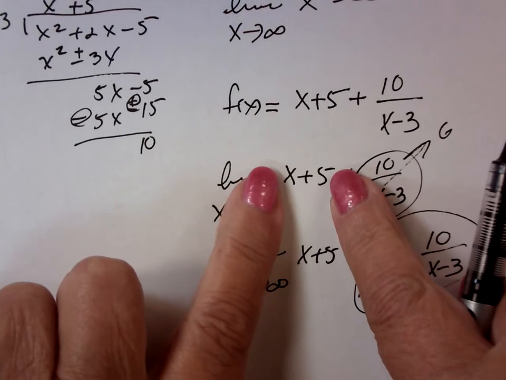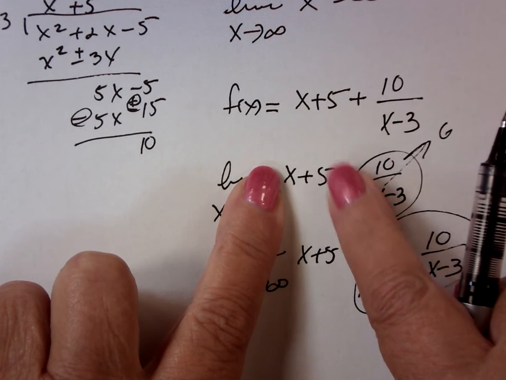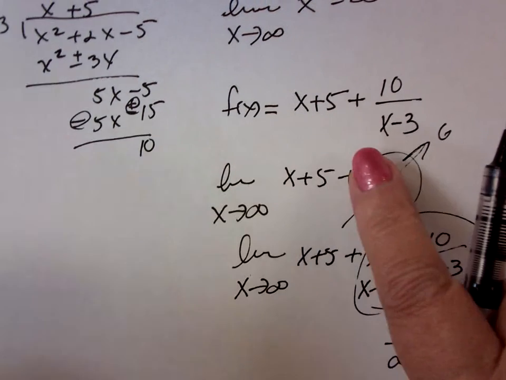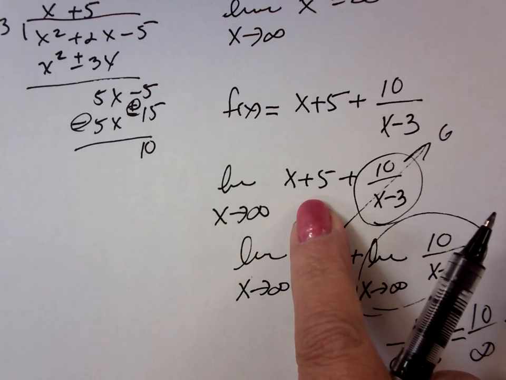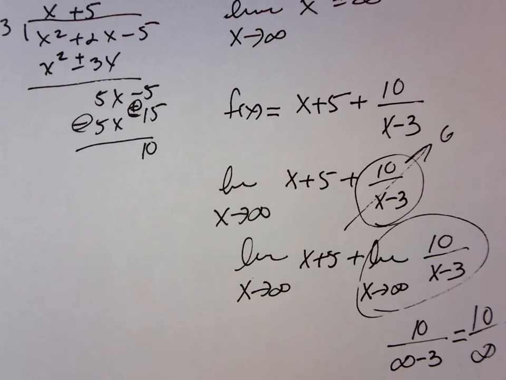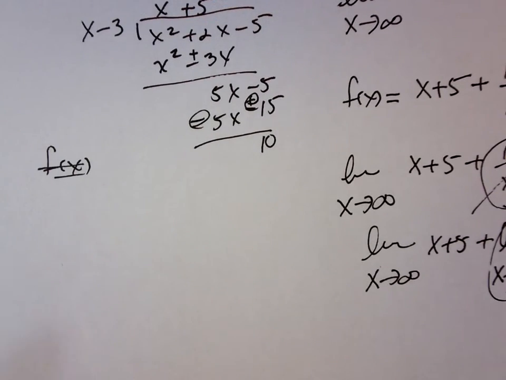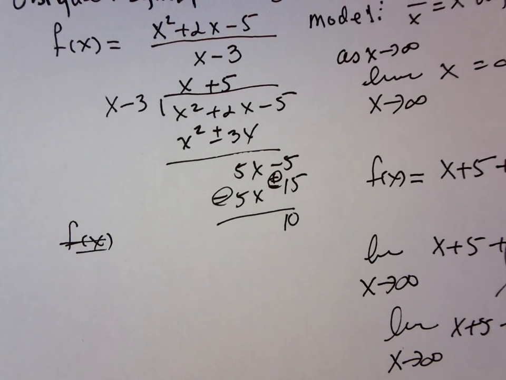And what you're left with is x plus 5. Because x plus 5 is going to infinity, this thing's going to 0. What's left is x plus 5, which goes to infinity. It's a quotient. So that's your oblique asymptote. Your model is degree 1.